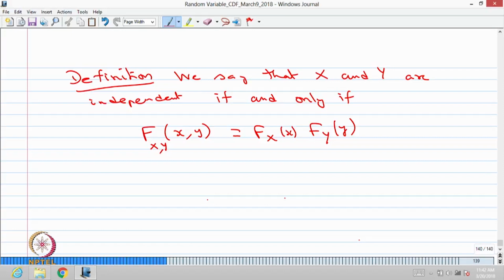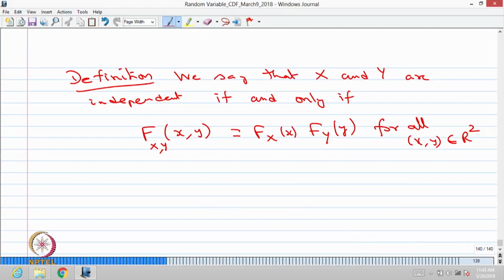If the product of the CDFs of the random variables X and Y is the same as the CDF of the two-dimensional random variable (X, Y) for all (x, y) in R2, then we can conclude these are independent random variables.